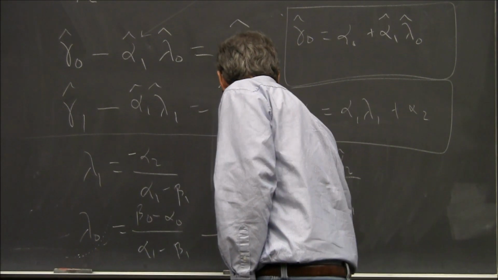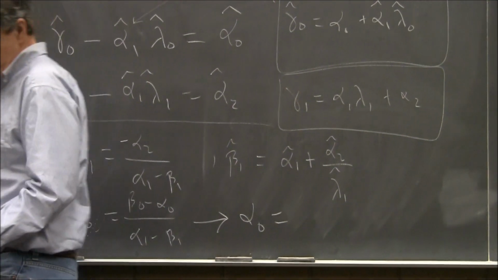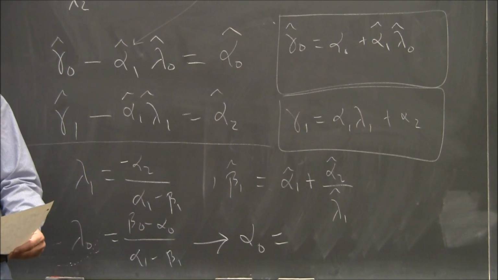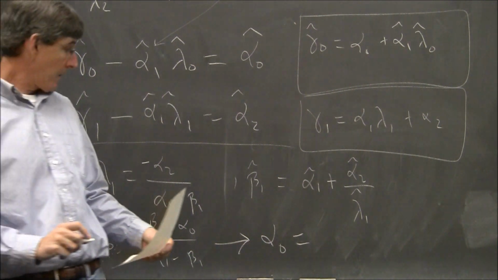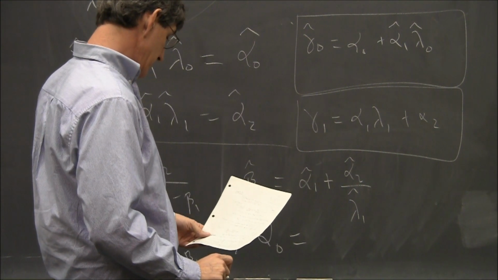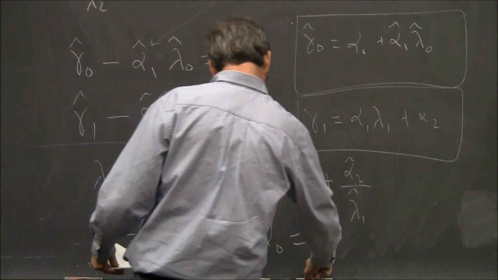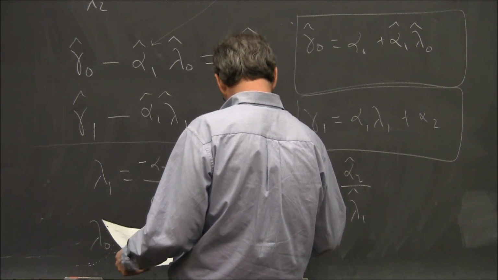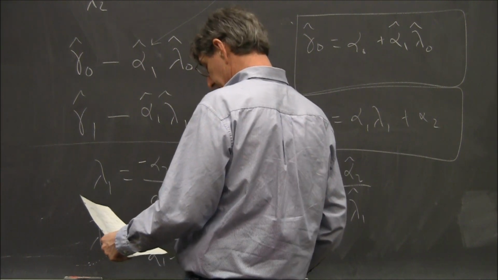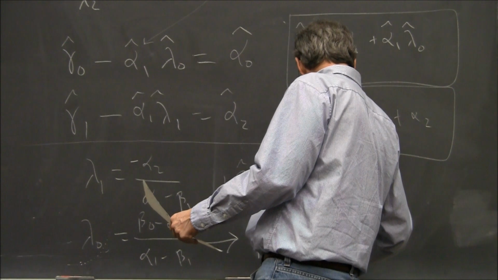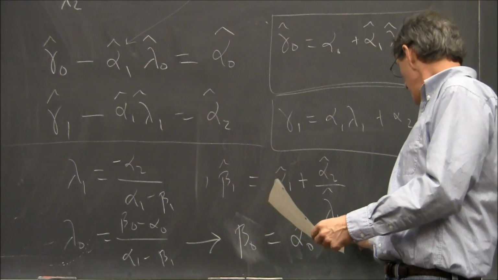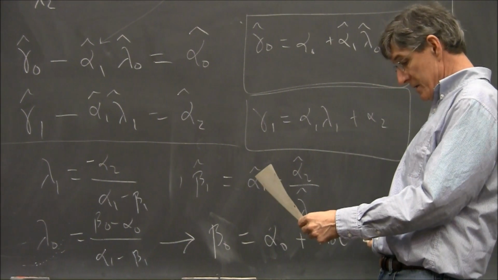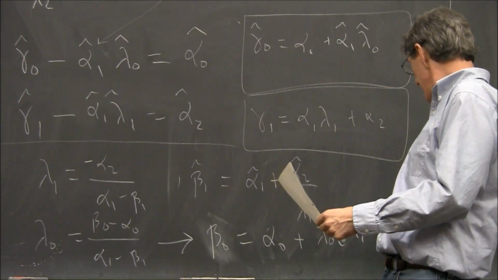That gives you that beta 0 is alpha 0 plus lambda 0 times alpha 1 minus beta 1.